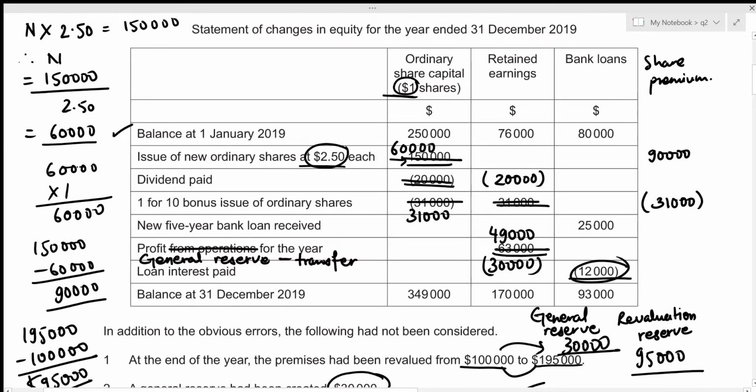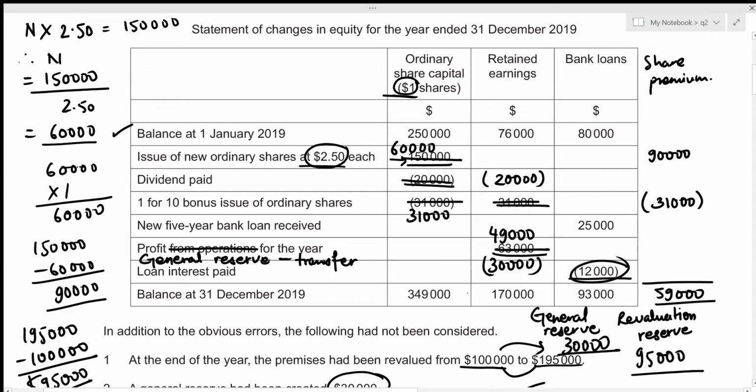Let's figure out the closing value for share premium. That's going to be 90,000 minus 31,000, which results in the value of 59,000. Then let's figure out the total for retained earnings. That's going to be 76,000 minus 20,000 plus 49,000 minus 30,000, which results in the value of 75,000.